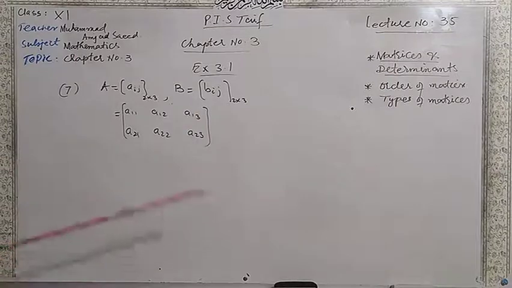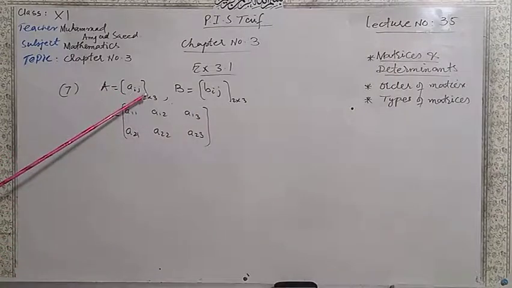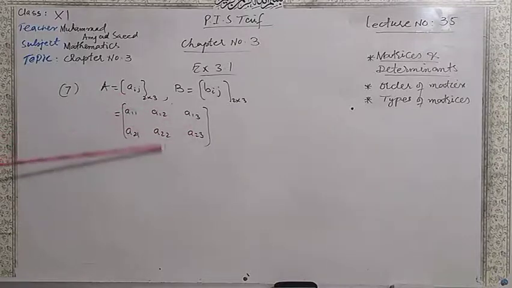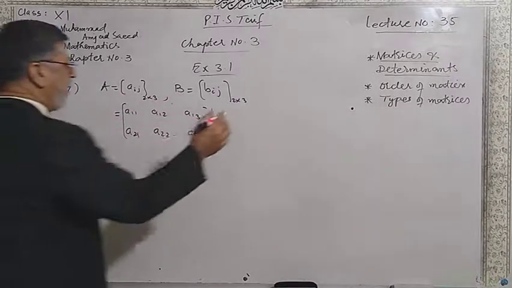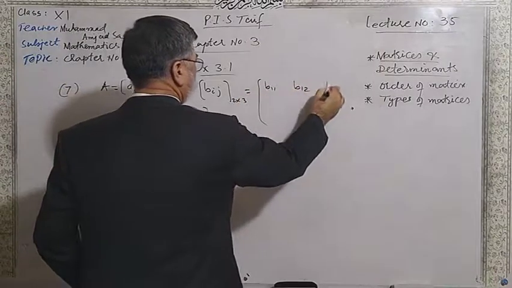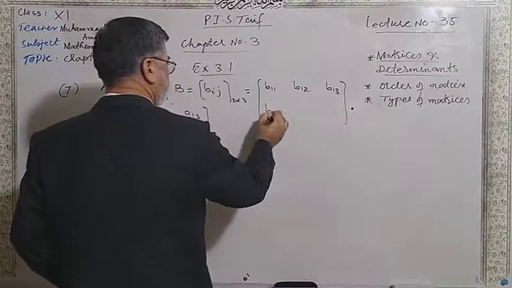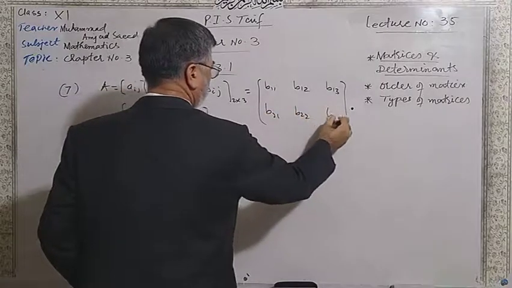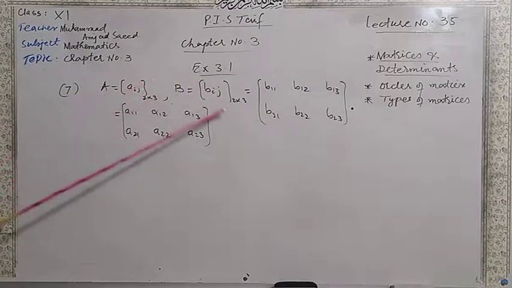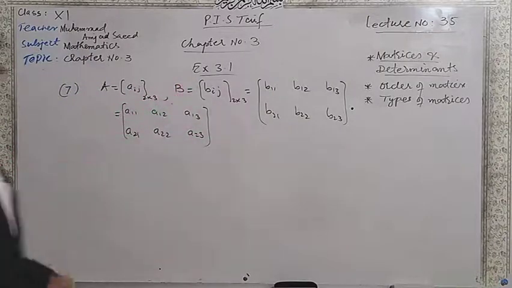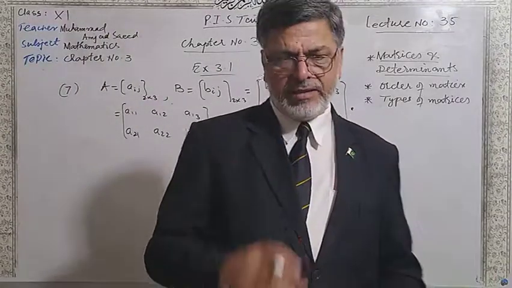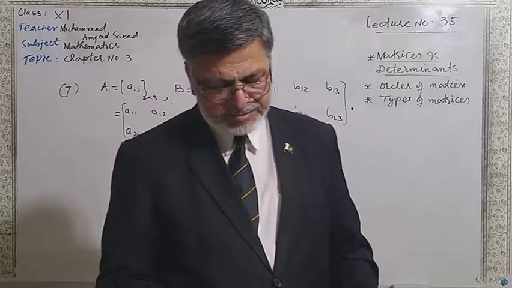This is your matrix according to the given order, 2 rows and 3 columns. Similarly, you can write down B11, B12, B13, and B21, B22, B23. So this is matrix A and this is B, and I hope that you can complete this question easily by multiplying with lambda and taking common and like that.